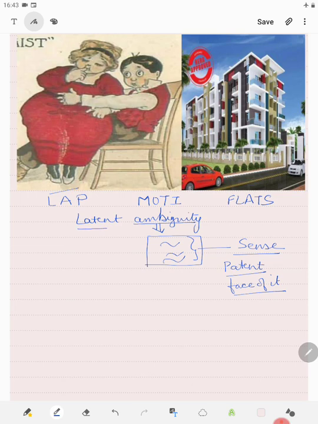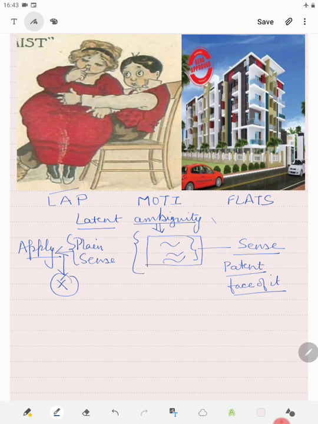But in case of latent ambiguity, plain reading makes sense. But when we go to apply it to the existing facts, then it does not make any sense, or the real nature of it is not displayed.